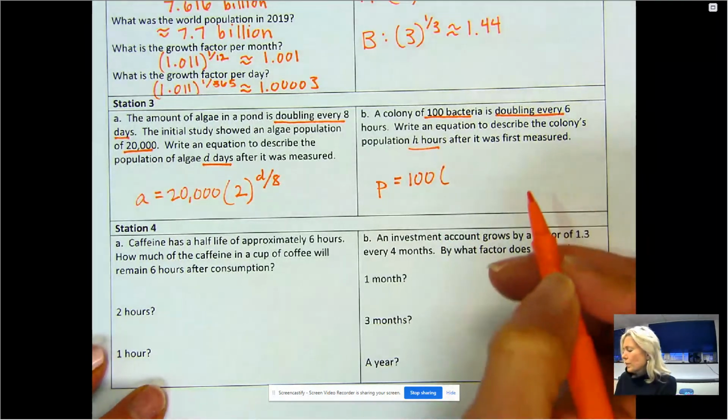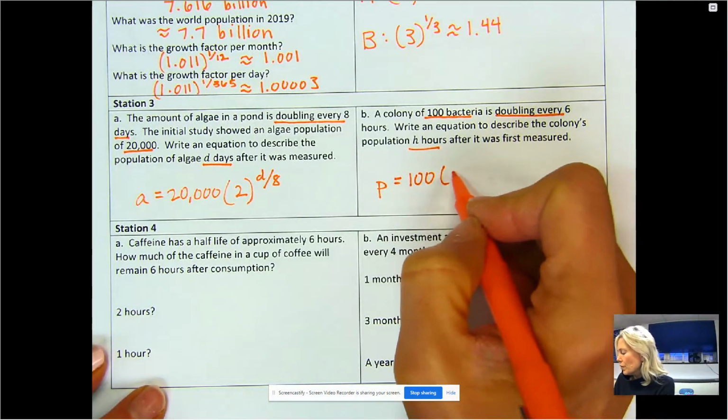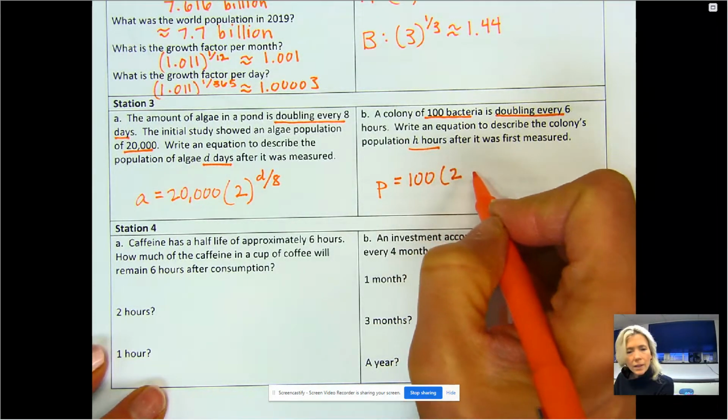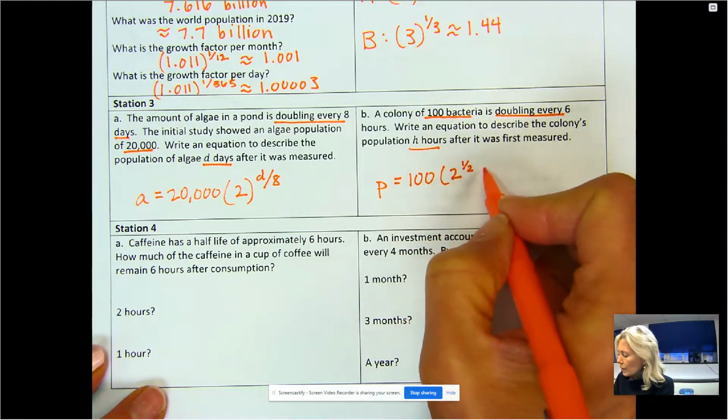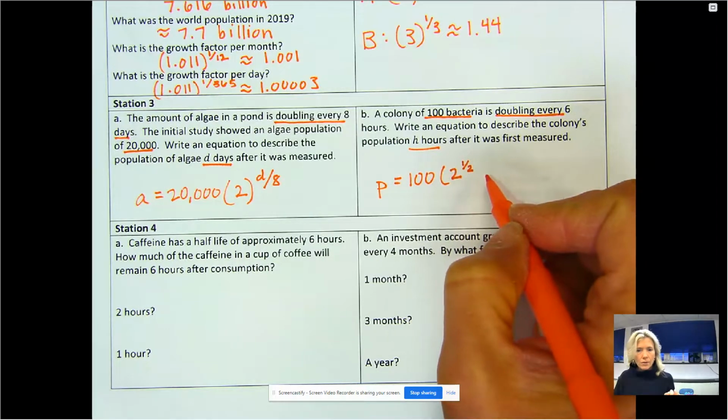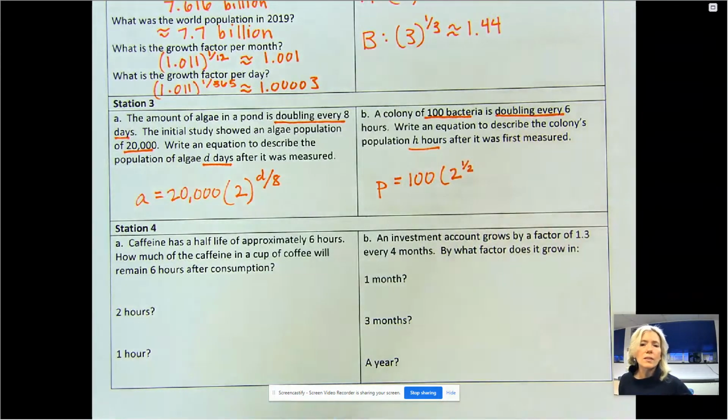I'm going to write this in terms of the hourly rate, which would be 2 to the 1/6, because it doubles every 6 hours.